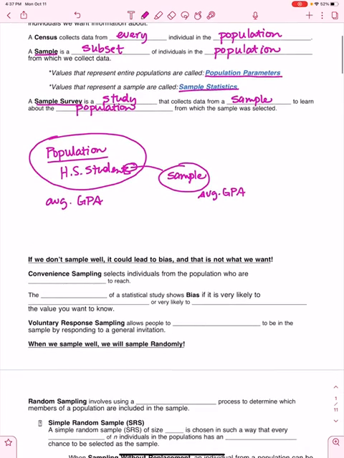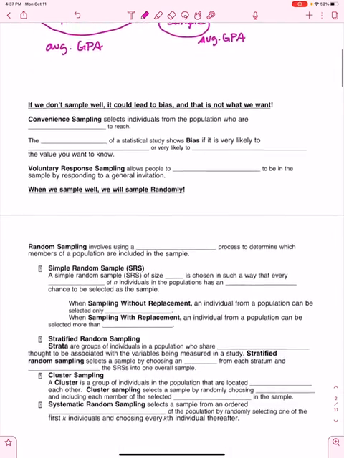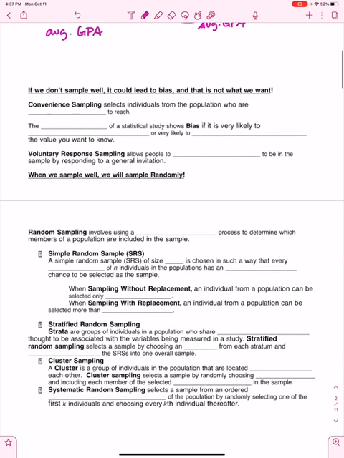You can sample well, and you can sample poorly. If you sample poorly, it can lead to bias, and we don't want that. That is very bad. There are a couple of different types of sampling that will lead to bias inevitably. Keep in mind that you can't rid yourself of all bias, but you can certainly eliminate a lot of it, and that is our goal.